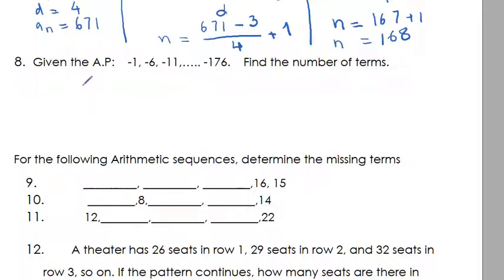So you have to find d, right? d equals -6 minus -1.